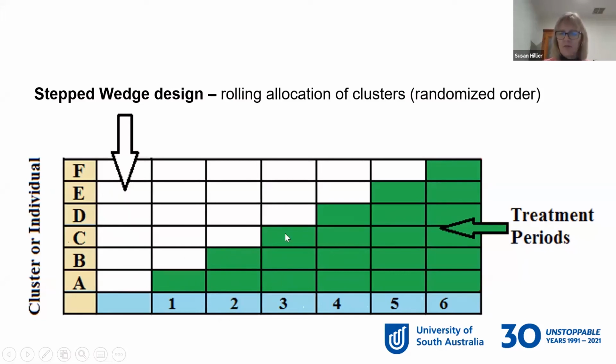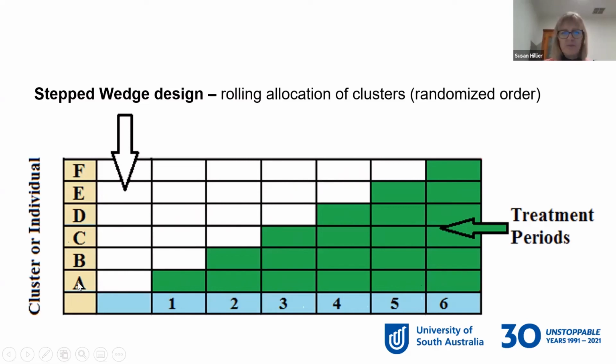In the third, 3 sites are receiving, and so forth, until by the end of the stepped wedge design, and this one's got, because it's got 6 clusters, it has 6 time periods, and the periods of non-intervention become the control aspects, but the intervention is administered for differing time periods.